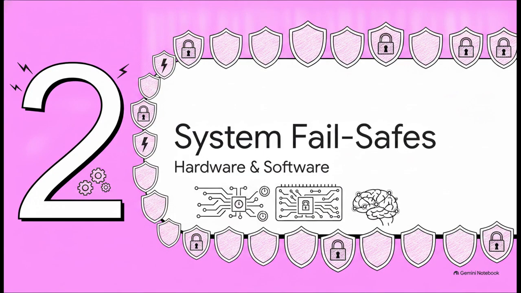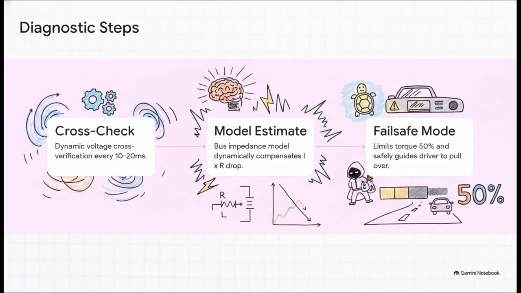Moving right along to Section 2, Architecture and Failsafes. Now that we know what the illness is, how does the system actually protect itself? The BMS uses a pretty brilliant ASIL-D-level algorithm to fight back. First, a dynamic cross-check is constantly running the math on that voltage delta.